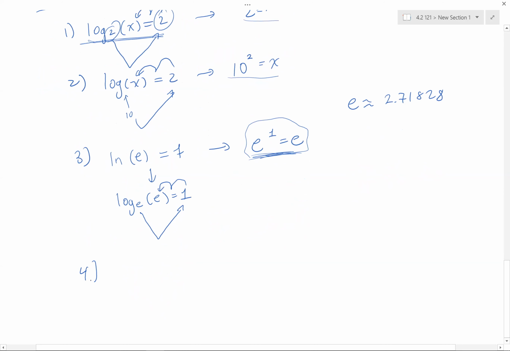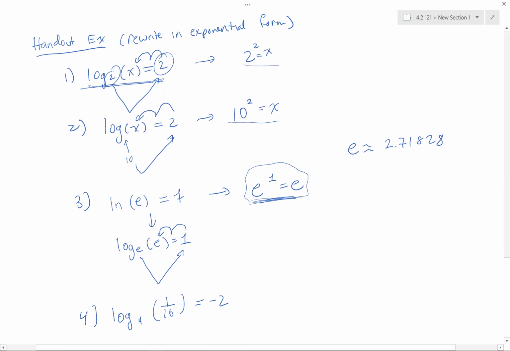Number 4 here says log base 4 of 1/16. That's equal to -2. And this is another true statement. Like the first 2 examples, we had a variable expression. So is it true or not? Well, it's only true when x is equal to a certain number.